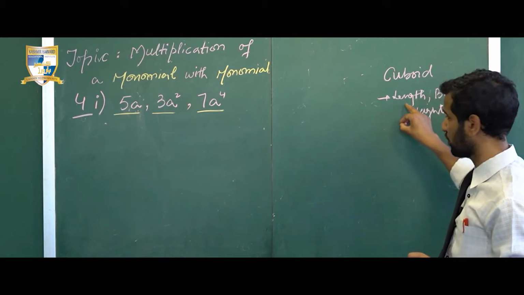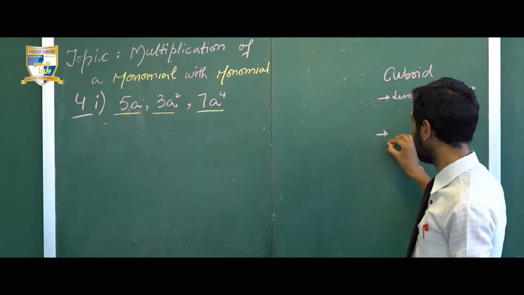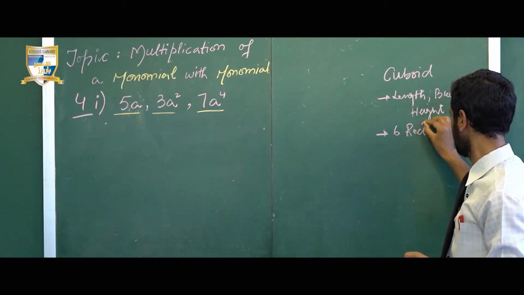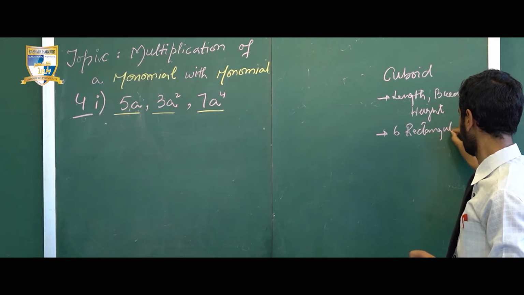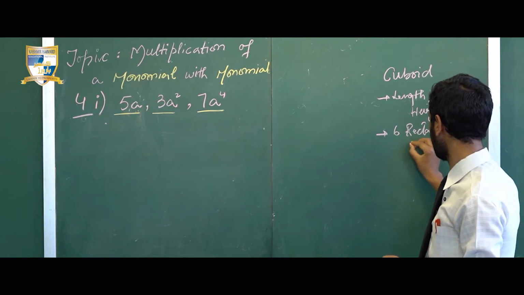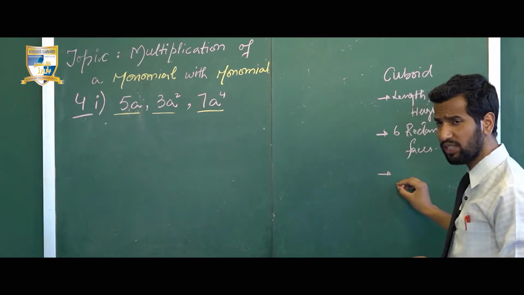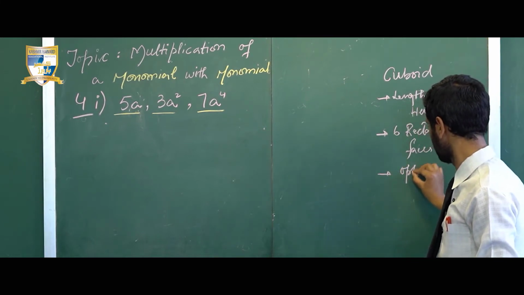So a cuboid is a three-dimensional object which has 6 rectangular faces, and its opposite faces are congruent.